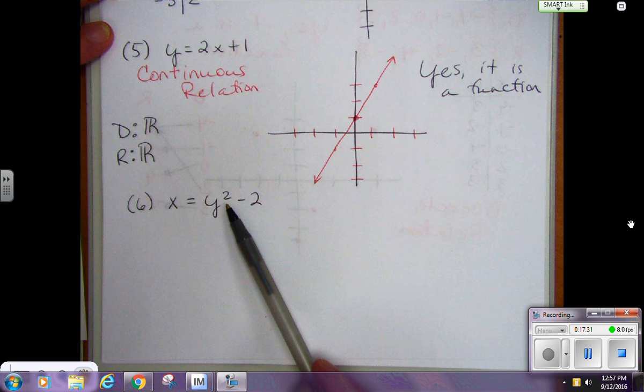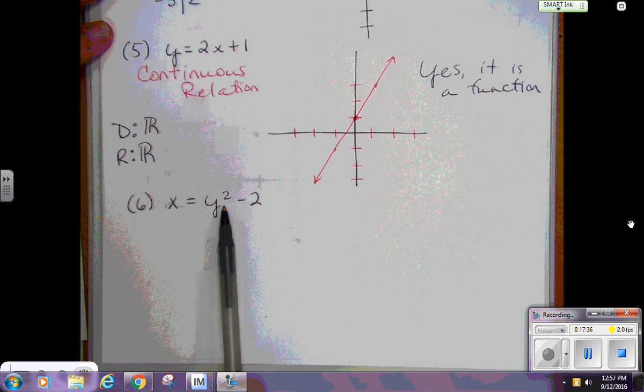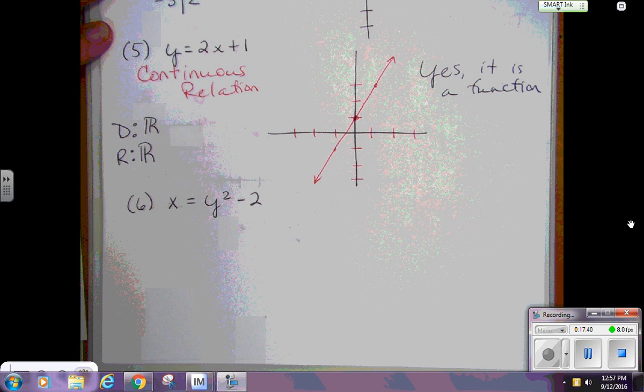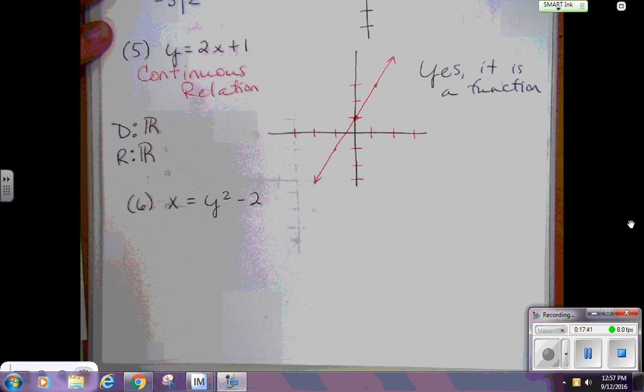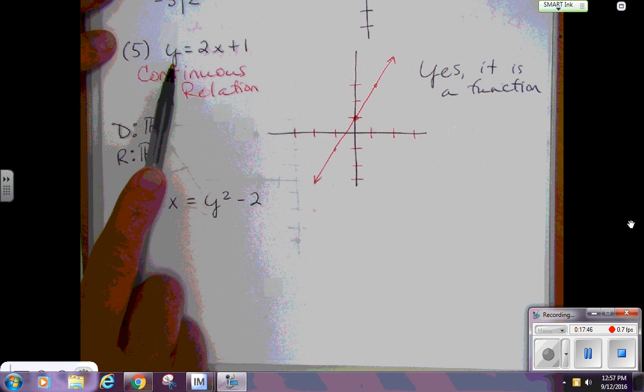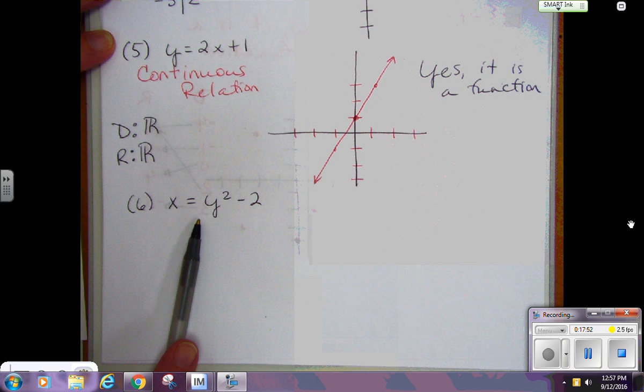Another difference is that in number 5, your x variable is independent, y is dependent. Which one's independent here? X is not independent. Y is independent. I can put any value I want in there for y, and x is the dependent one.